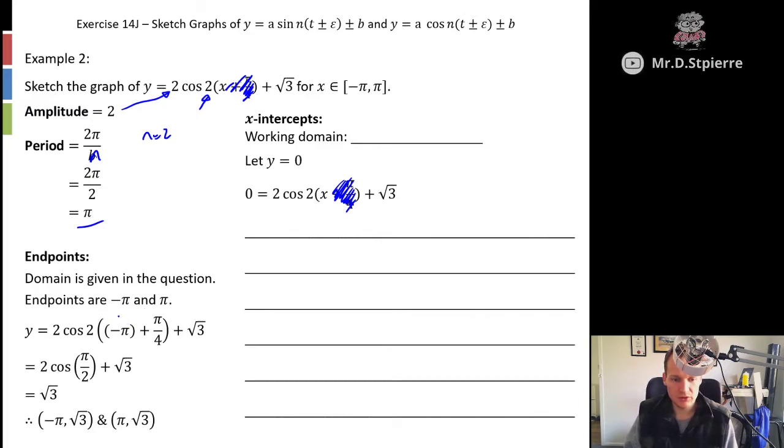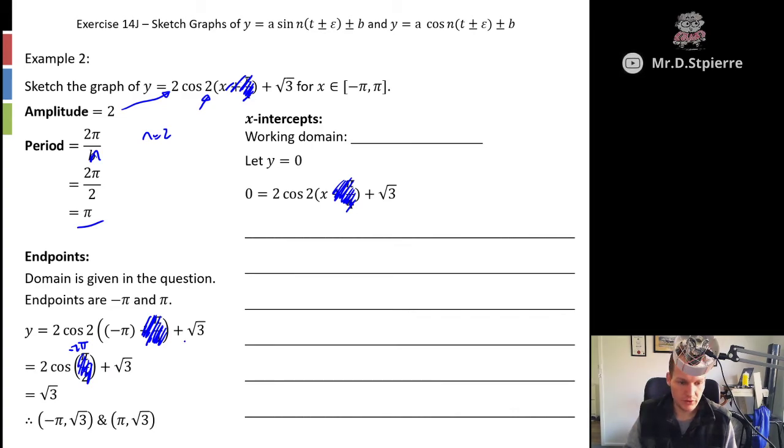So if we substitute that in, and I'm just going to fix this one up, we get cos of 2 times negative pi, so that's going to be negative 2 pi, plus root 3. Okay, so cos of negative 2 pi, so negative 2 pi is just going around the circle back to the start.